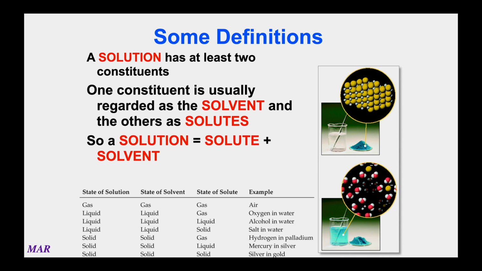And again, we're going to look primarily at solutions where water is the solvent and some kind of usually ionic compound is the solute. But in that table down there, you can see there's a whole bunch of different examples of how things can combine in different ways. You can have solid solutions where solids mix with solids, like silver and gold.